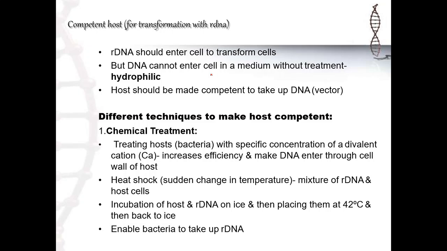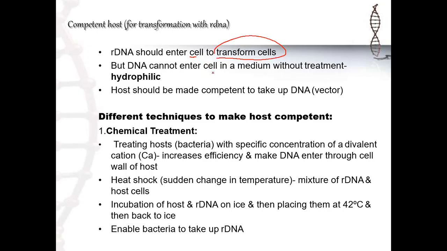As a competent host, the recombinant DNA should enter the cell to transform it. If it cannot insert, it cannot transform. So there are many points of entry. For example, with COVID-19 now, it can enter through our nose, our eyes, our mouth. So if it enters our cells, it multiplies, and that is why it is hard for us.